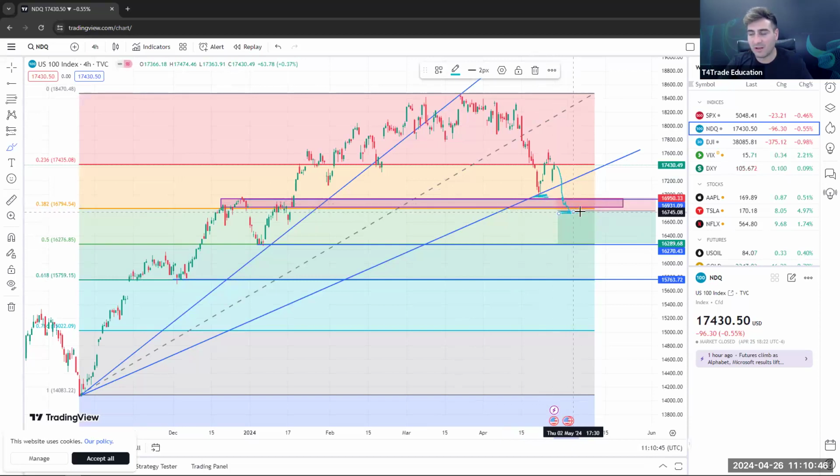Then I would be confident enough to go short and have a target down here, with a stop loss order near the previous level.